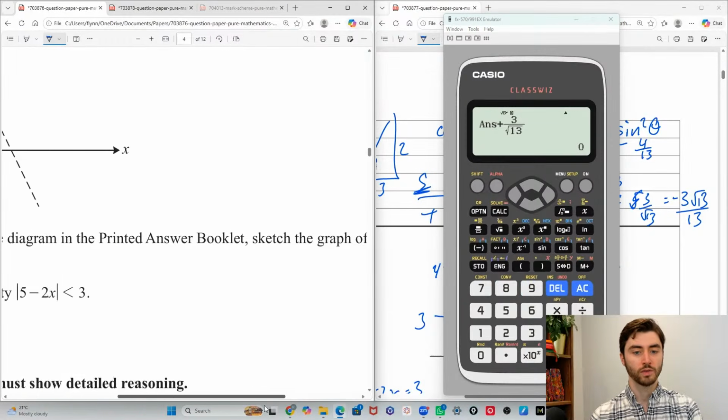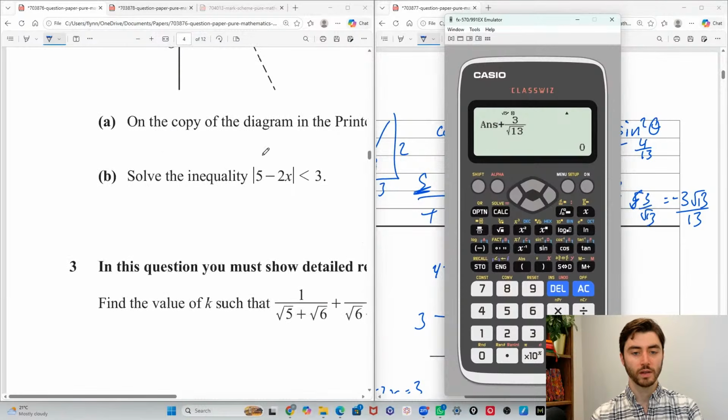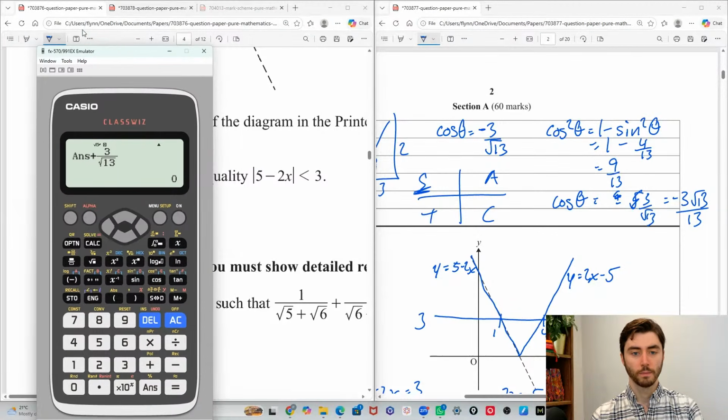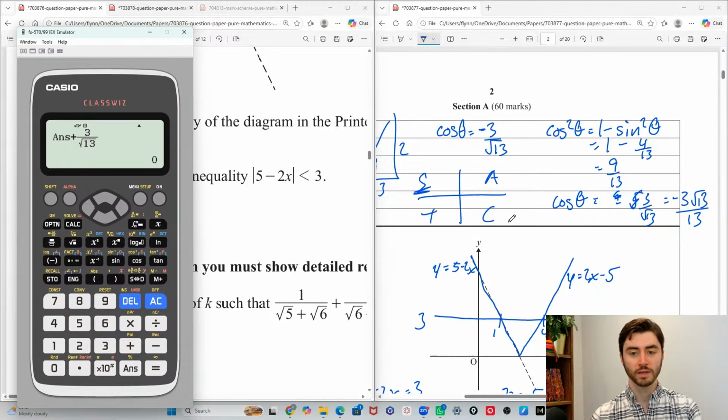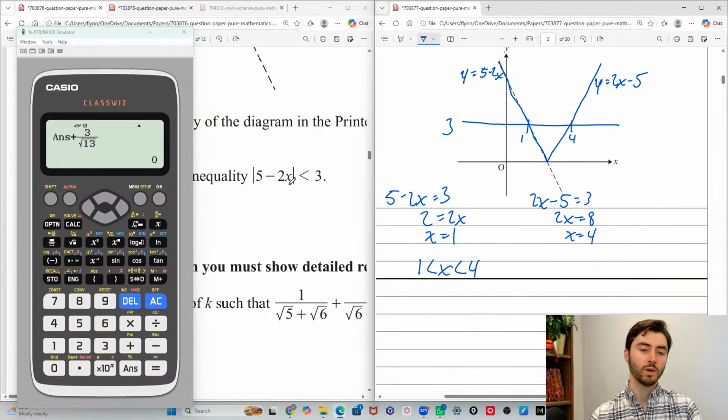Printed area, draw, sketch the modulus. I did that. Solve the inequality. I think I did that. So x values I seem to want between 1 and 4. So if I plug in 1, I would get 3. If I plug in 4, yeah, and values in between, for instance, 0.